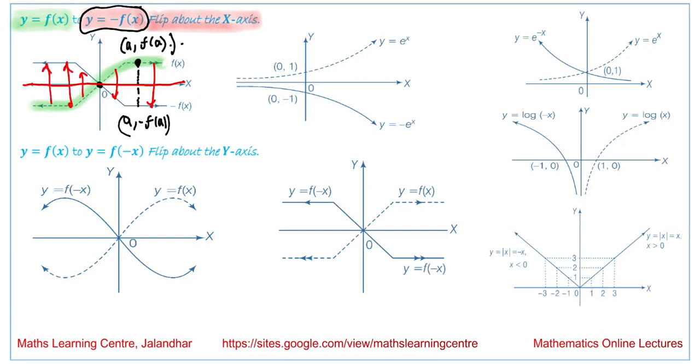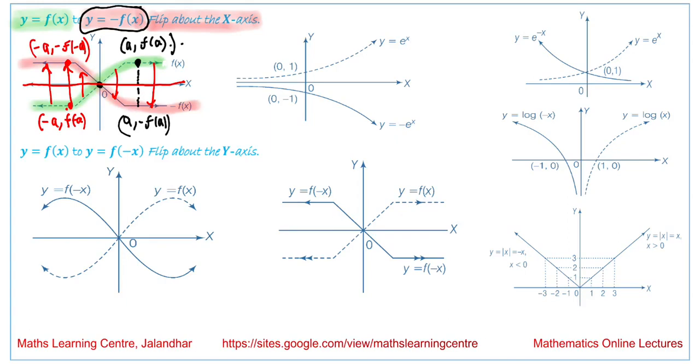If this point is minus a comma f(minus a), then this point will be minus a comma minus f(minus a). So this point is flipped to this point, and the graph we obtain is of this form. This is the graph of the function minus f(x).